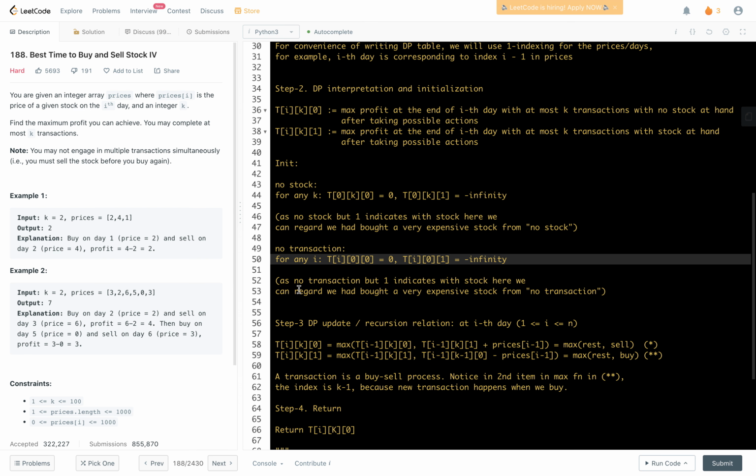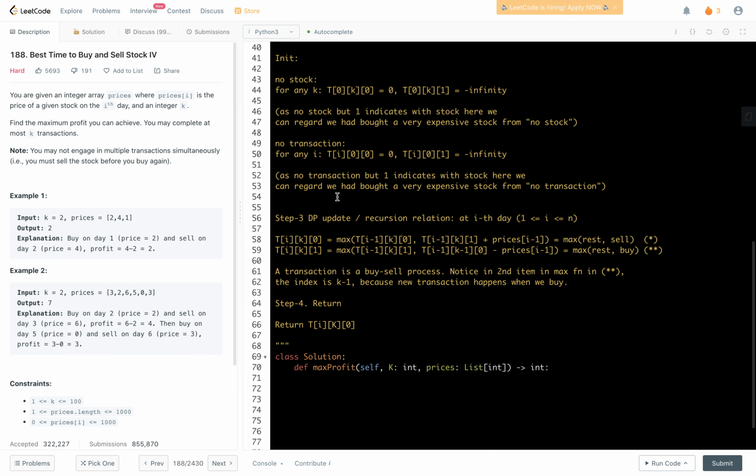Because we have no transaction, but we result in having stock, we set it to be negative infinity. So here the latter can be understood like this: no transaction, but 1 indicates we have stock at hand. So we can regard that we had bought a very expensive stock from no transaction, in other words, from nothing. So this is step 2.